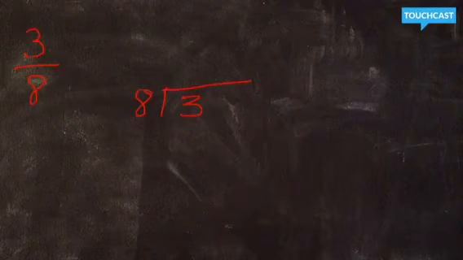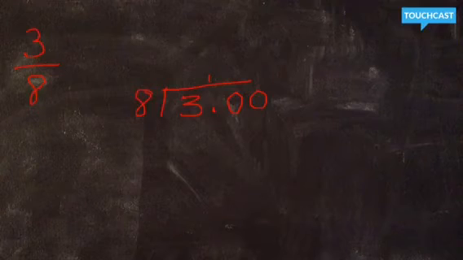And then I'm going to add my decimal and at least start off with 2 zeros. I may add more. Next, I'm going to put my decimal straight up and forget about it. Now, I can go ahead and divide like normal, almost as if I'm dividing 8 into 300.